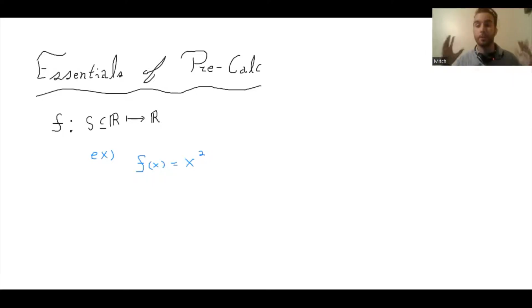Some people get really caught up in the variables that we write down, but this x is just a placeholder. This can be anything. This represents the idea that when you put in an input, say 2, this function evaluated at 2 is just going to be 2 squared. So that x is literally just an input.